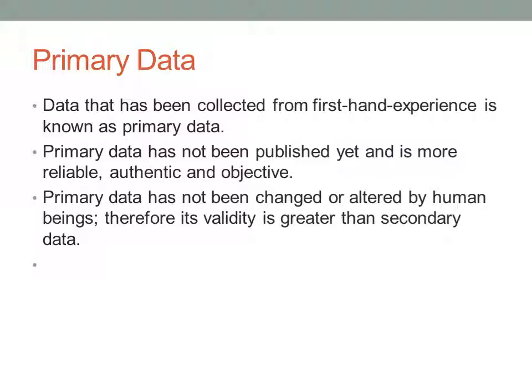So this validity is very much higher than secondary data, where sometimes another person may have altered it, we don't know. I hope in reliable sources this is not so. So always remember primary data are more valid than secondary data.